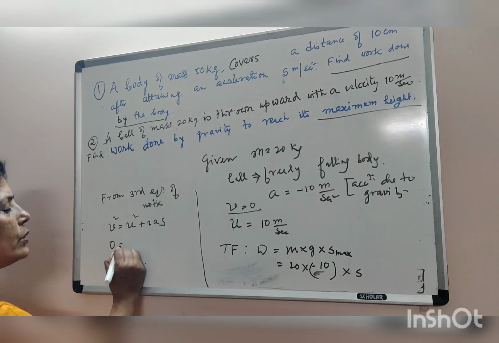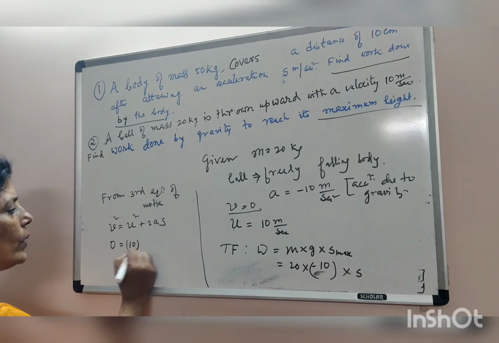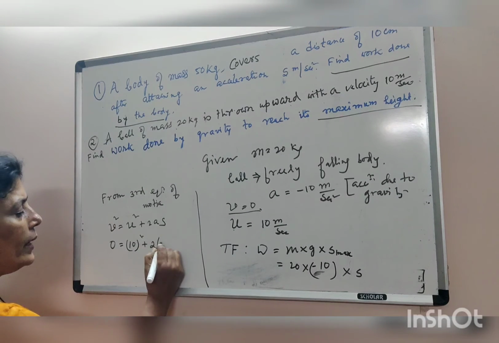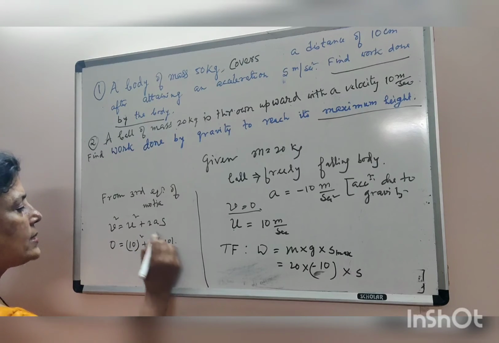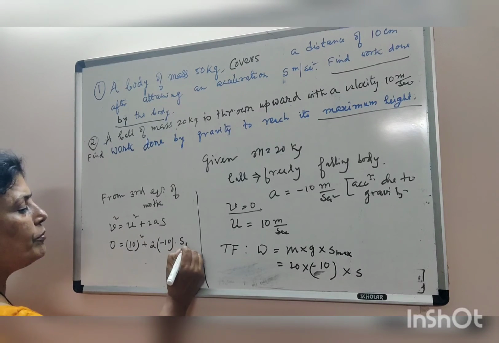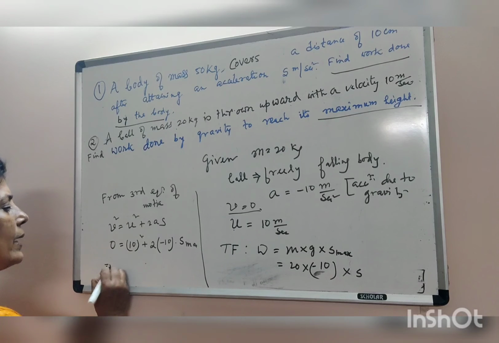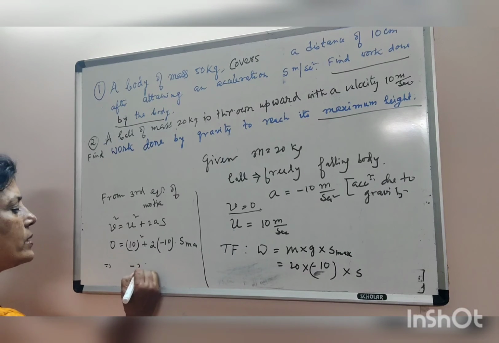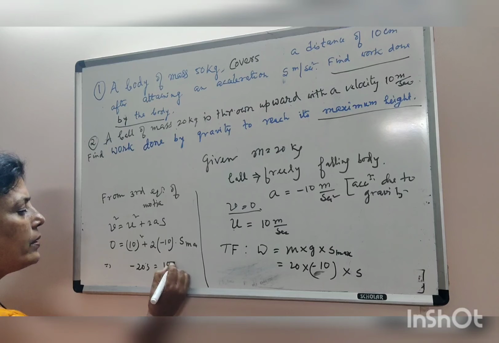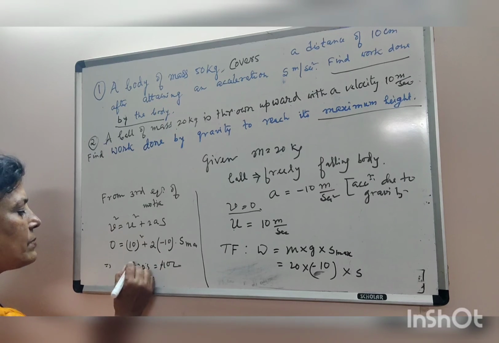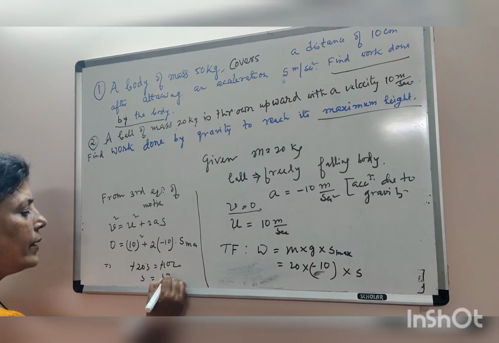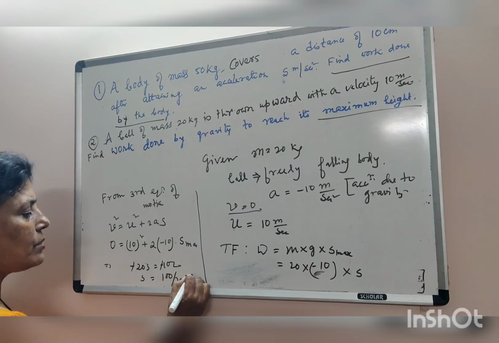Here v square is equal to 0, u square is equal to 10 square, plus 2 into a, that is minus 10, into s. That implies minus 20s is equal to minus 100. So s is equal to 100 by 20, that is 5 meter.